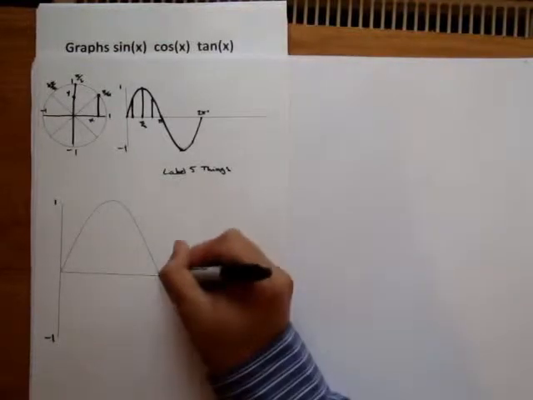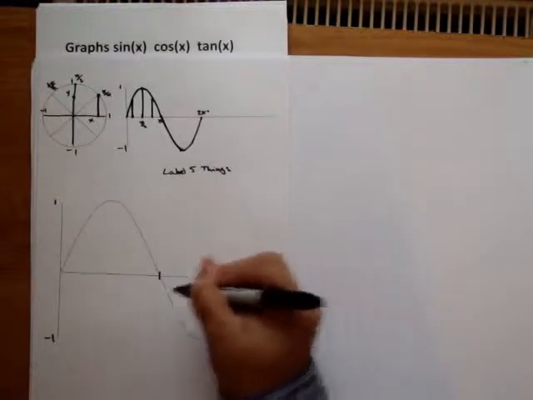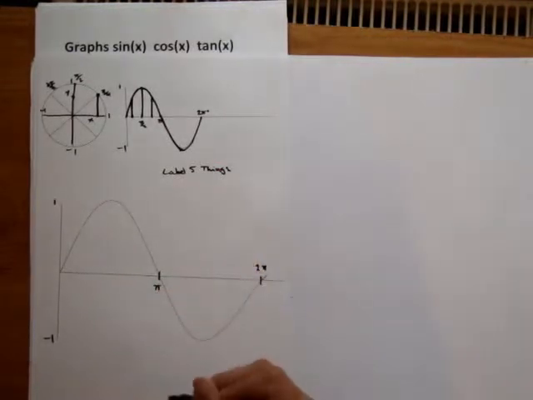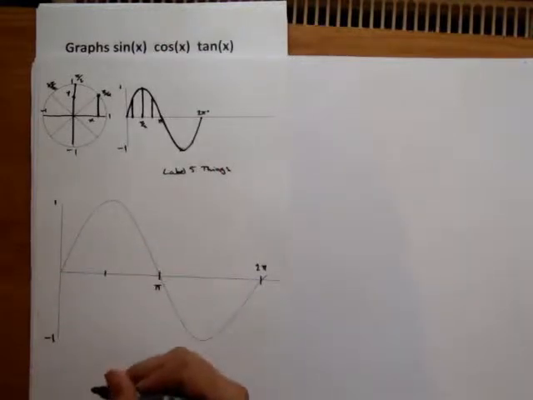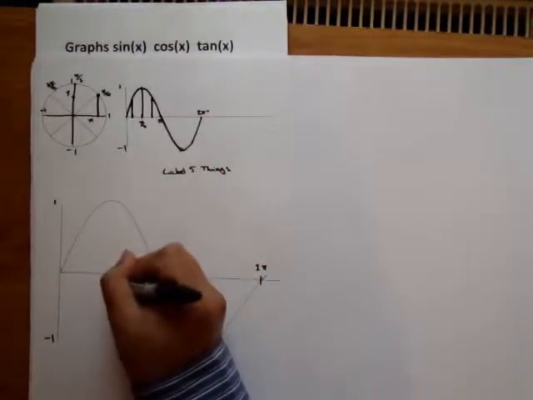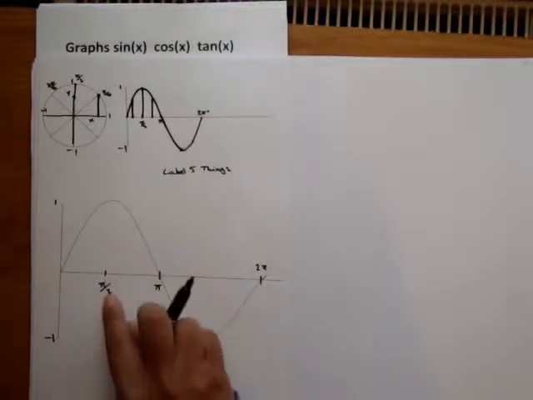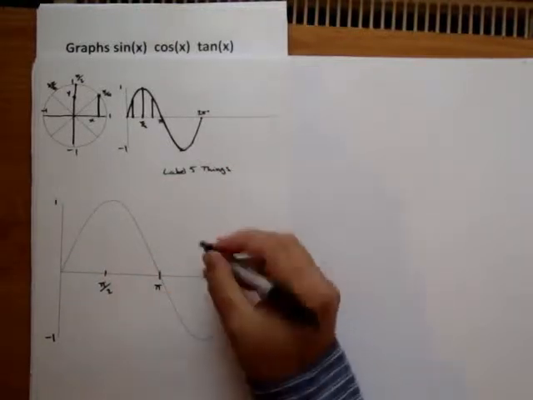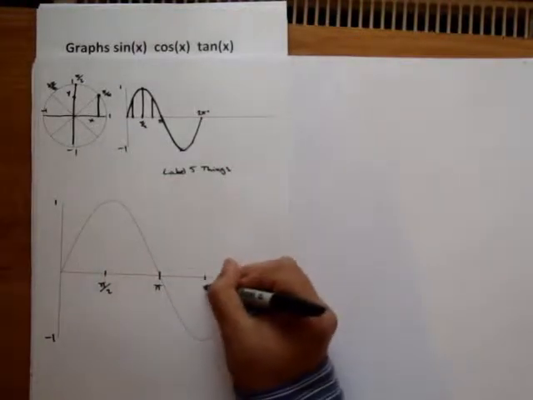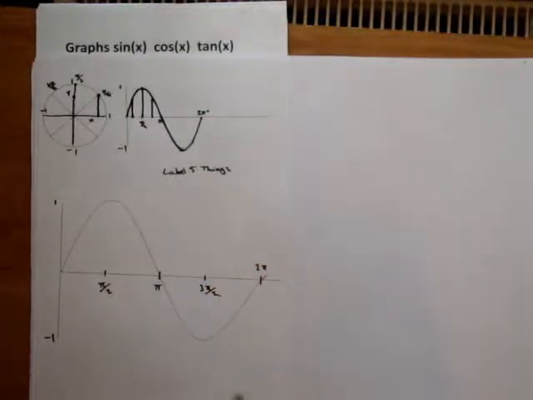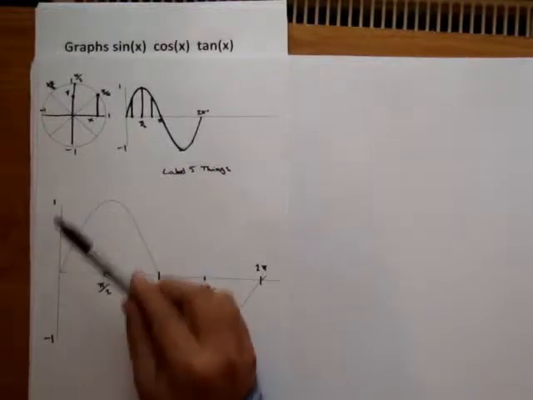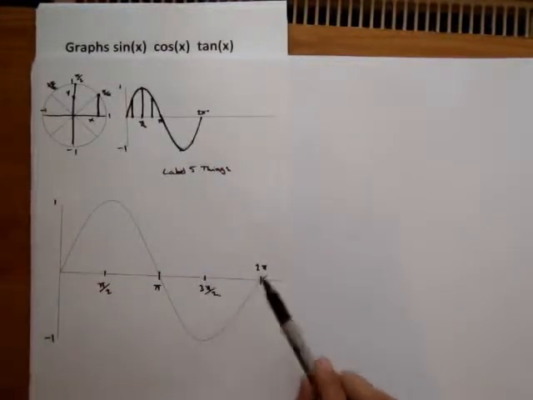Third thing, half the period, which is here, which half of 2 pi is pi. Then half the period, which is here, which is pi over 2. And then we add this, and we get 3/4 of the period, which is 3 pi over 2. So those are the 5 things we need to label. 1, 2, 3, 4, 5.